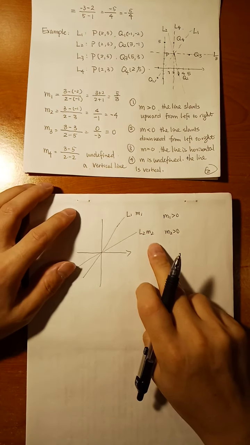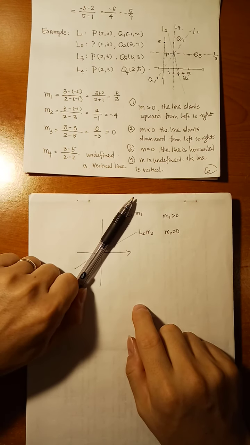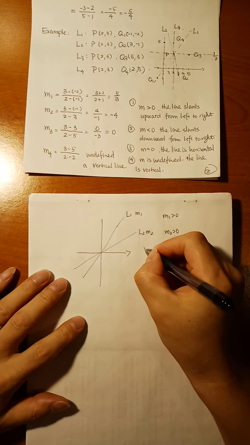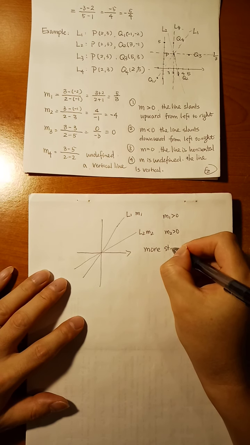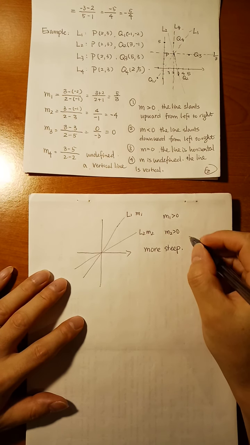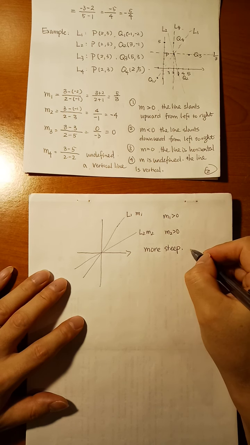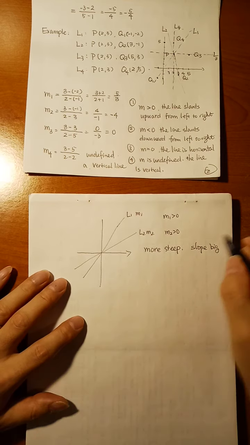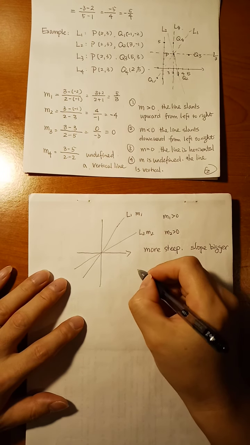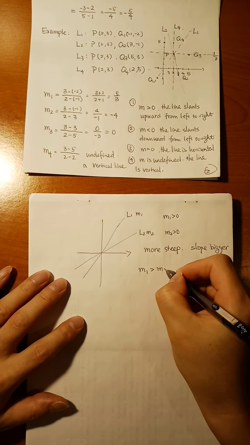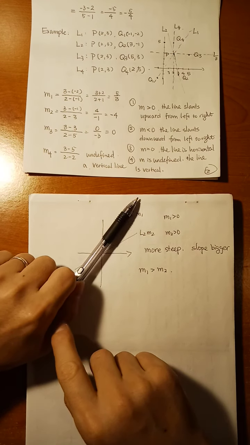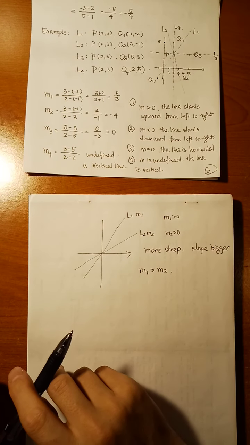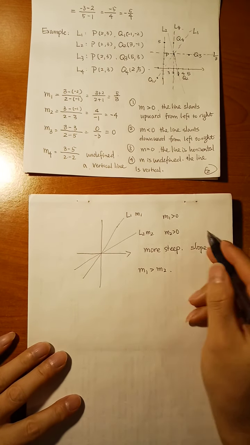Now we want to compare M1 and M2. Line L1 is steeper than line L2. If you have a steeper line, the slope is bigger. So M1 is greater than M2 because line L1 is steeper than line L2. This is for the positive case.